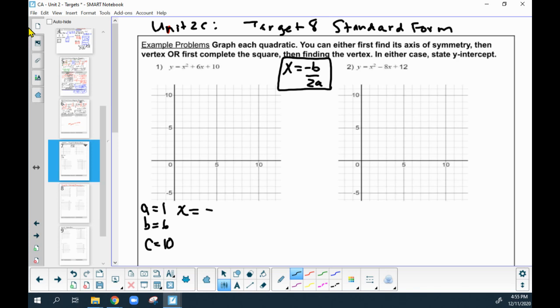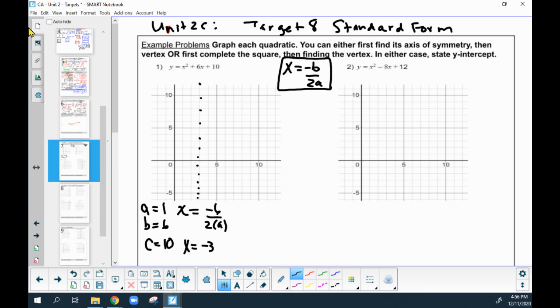X equals the opposite of B over 2 times A. I'm going to finish that out, and I'm going to get my X value for that symmetry line is -3. That means right at -3, 1, 2, 3, you can do this dotted line, which represents an invisible folding line of the parabola that I'm going to end up getting.